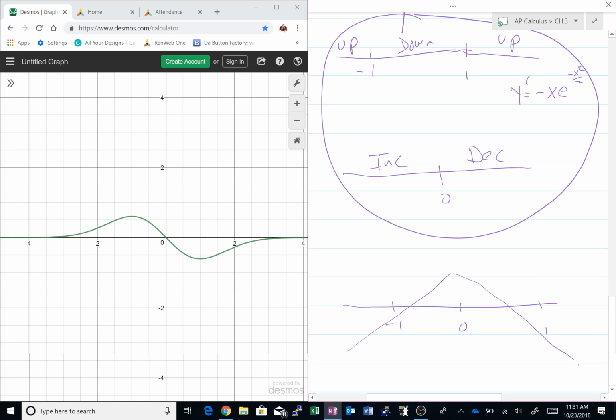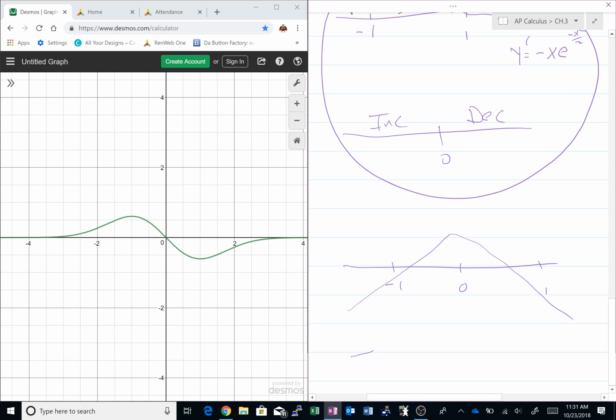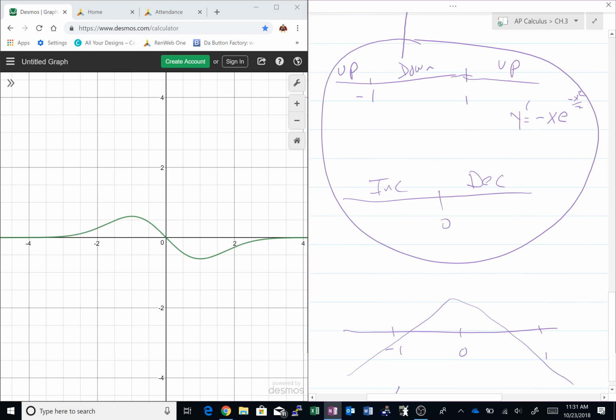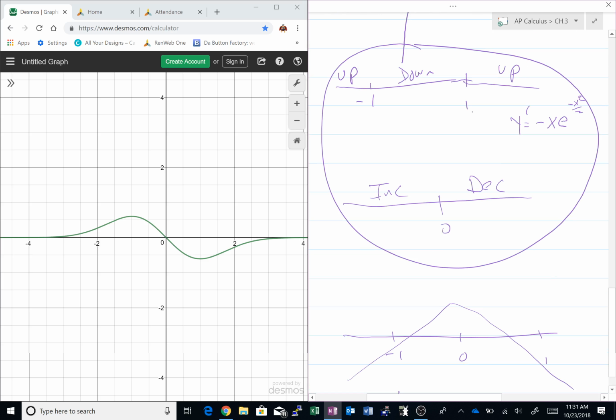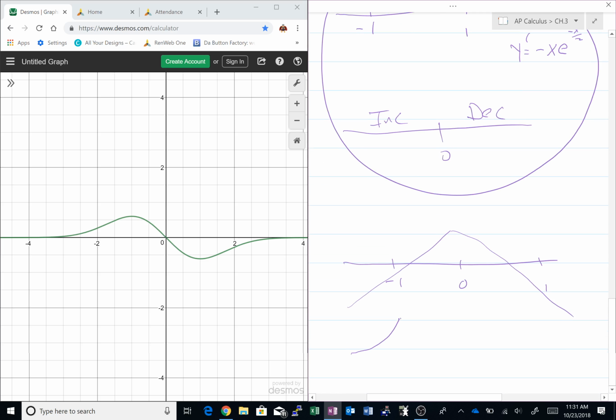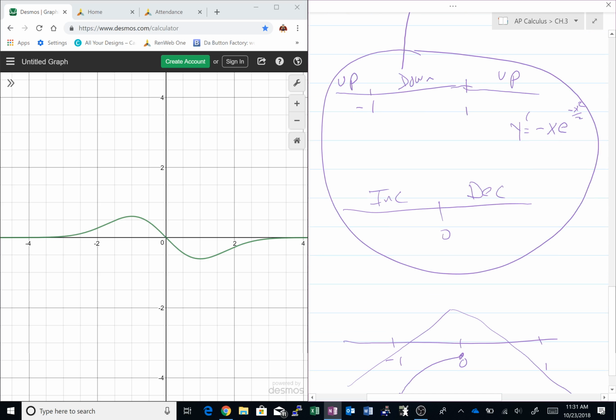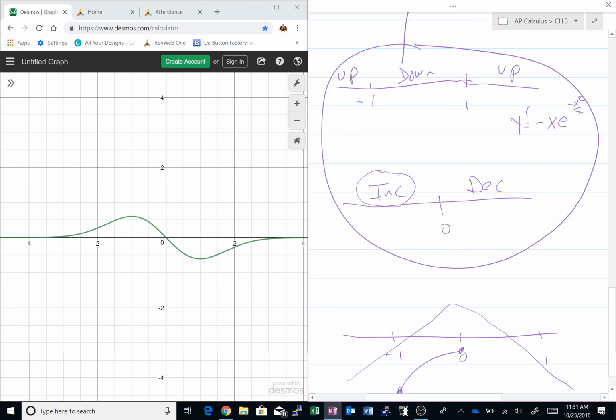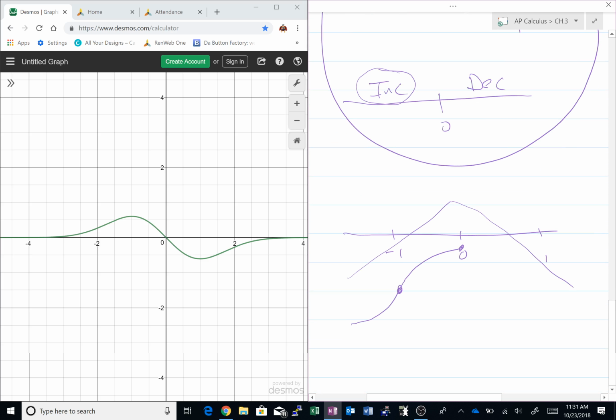Now I've got to put my curves in. At -1, I'm concave up. Then between -1 and 1, I'm concave down the whole time. But up to 0, I'm increasing everywhere. On either side of -1, I go from concave up to concave down.